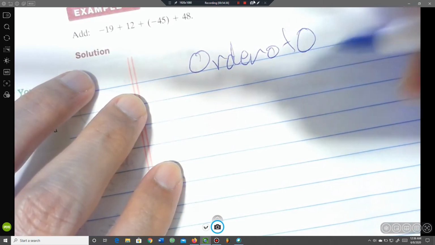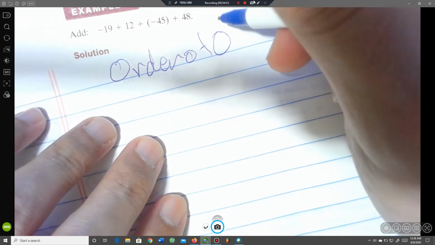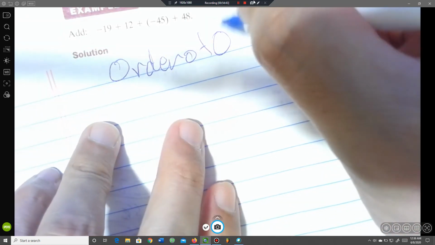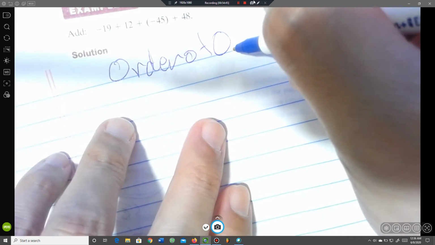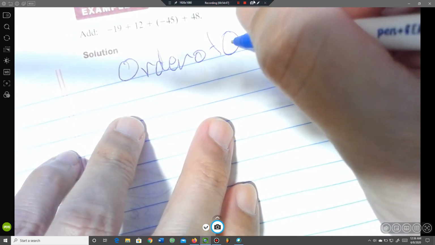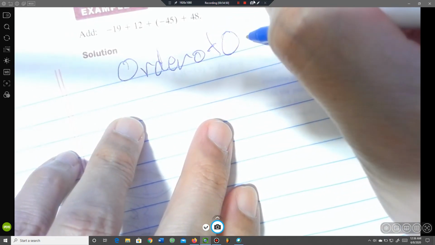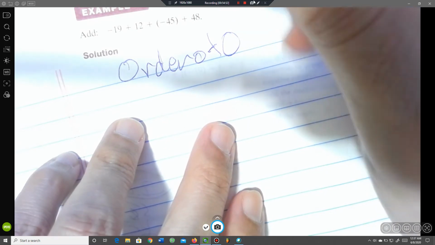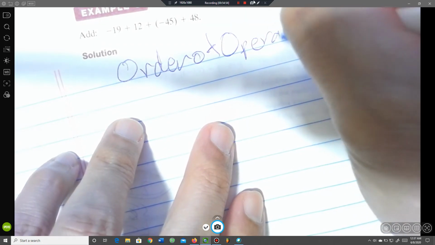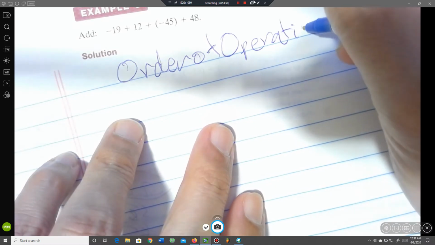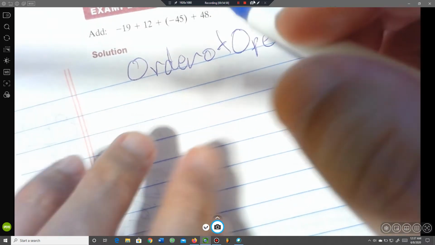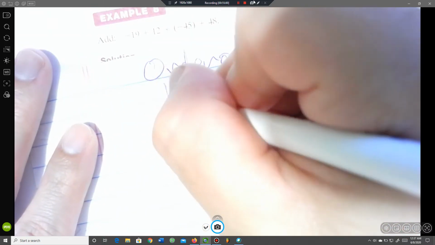And you need to write this down or memorize it, review it, because this is basically used every time you use math. Order of operation. Remember PEMDAS?